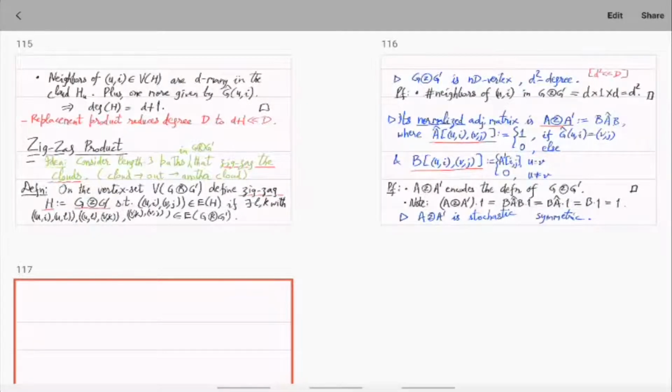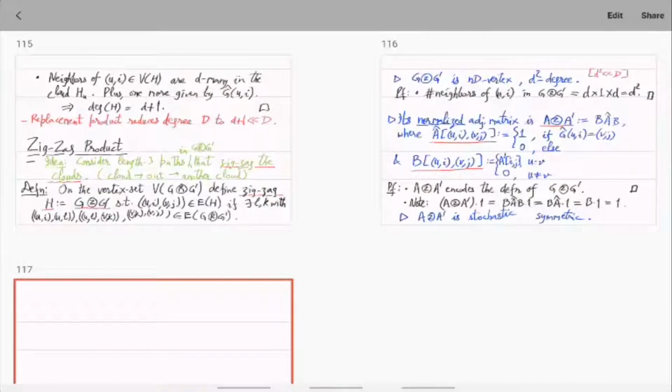So it's zig, zag, zig, 3 steps. That gave you the zigzag product, which is denoted as G zigzag G prime. Here the number of vertices is the same as n times big D, and the degree grows slightly to small d square, but small d will be much smaller than big D. So this is still much smaller than big D.